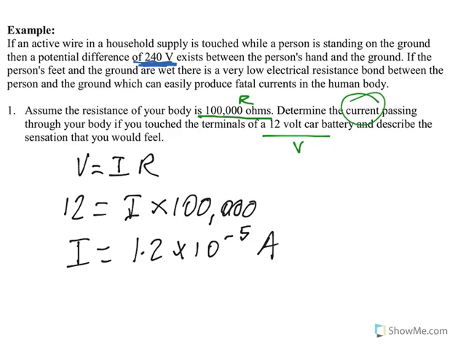Sorry, I made a little bit of error there on that one. It's not minus 5, it's minus 4, when I didn't count my decimal places properly. So 1.2 times 10 to the minus 4 amps.